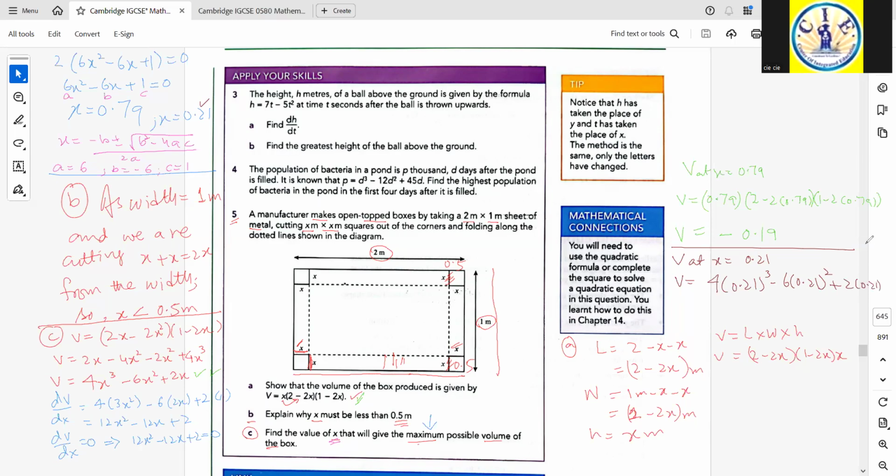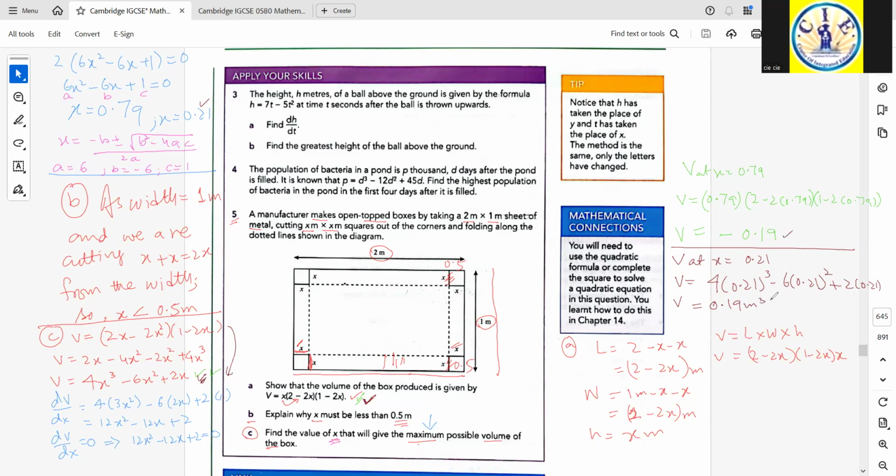No matter whether you replace the value of x in this equation or in the one given at the start of the question, in both cases you'll get the same answer, because this is the simplified form of the same expression. So this is going to give me 0.19 meters cubed.